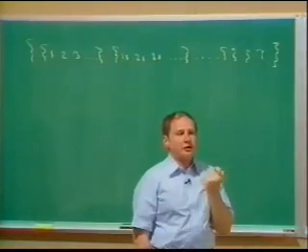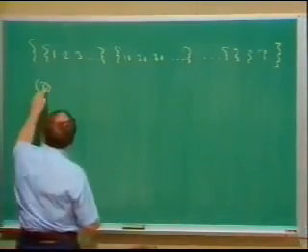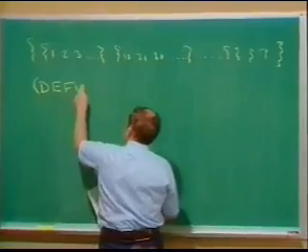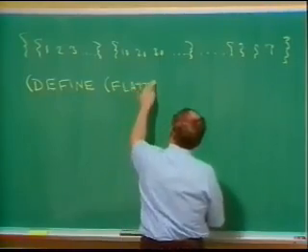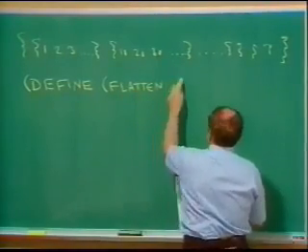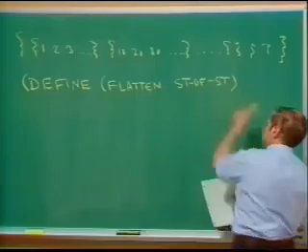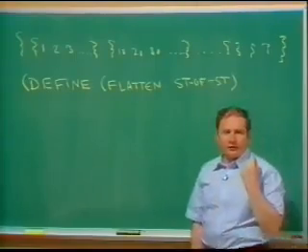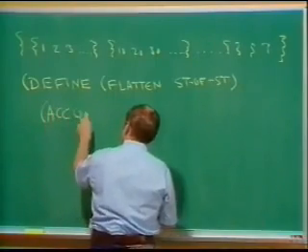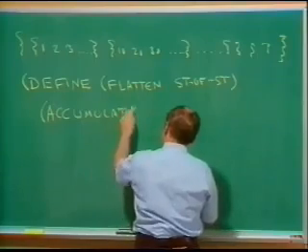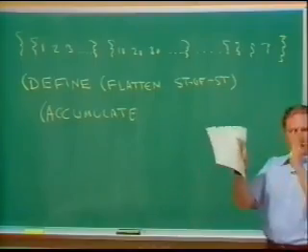So just to show you the use of this language, how easy it is, I'll call that flatten. And I can define flatten of what we should call a stream of streams. Well, what is that? That's just an accumulation. I want to accumulate using append, by successively appending.